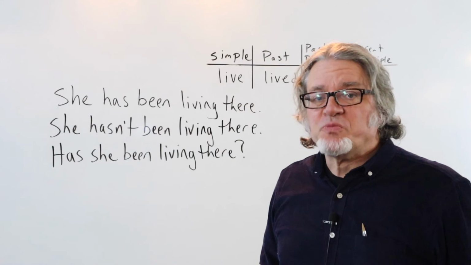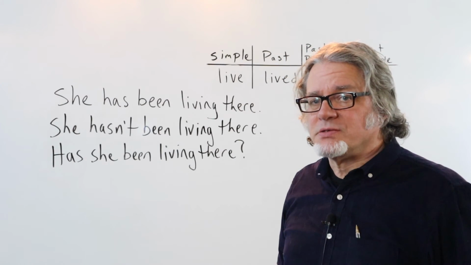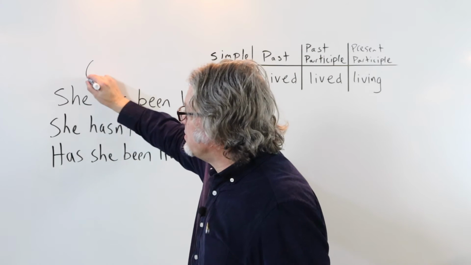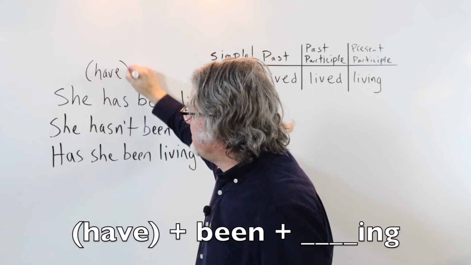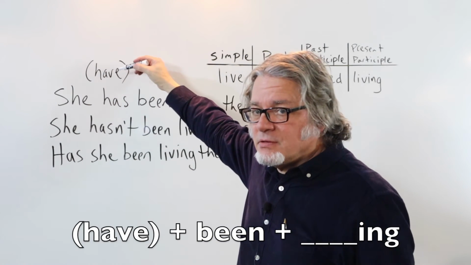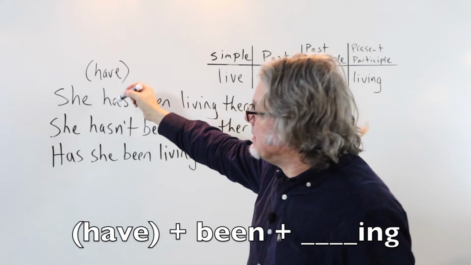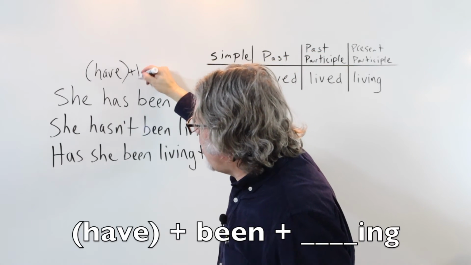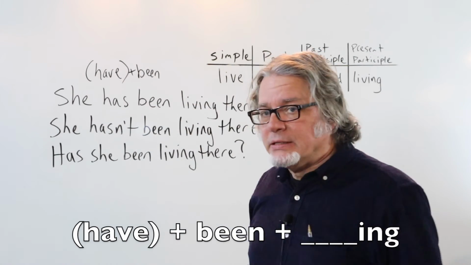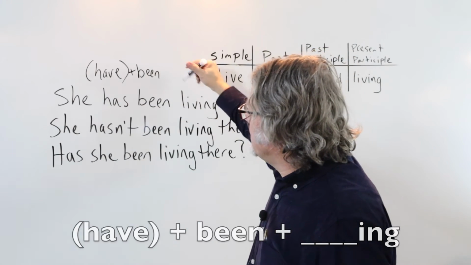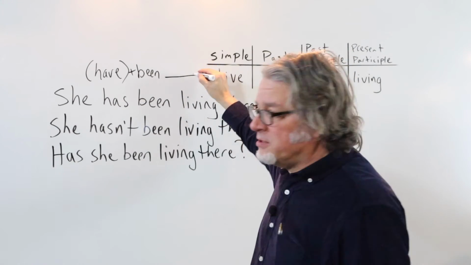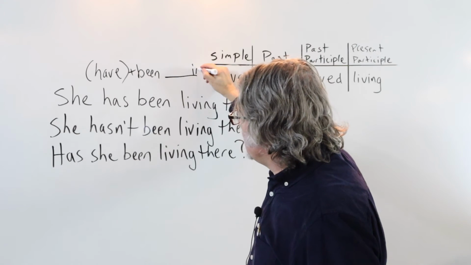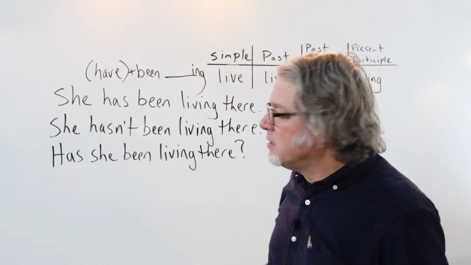For the present perfect continuous tense, use the verb have or has, depending on the subject, and then you always use been, and then the main verb is in the continuous form.